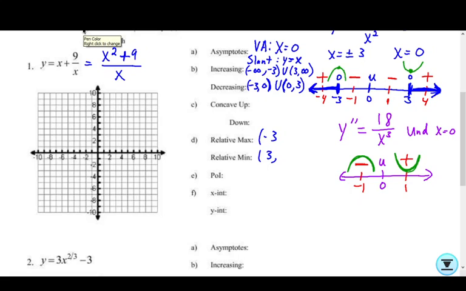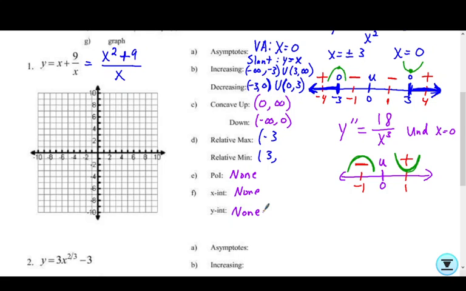My concavity is up from 0 to infinity because it's positive there, and down from negative infinity to 0. Since this is my only point, I have no point of inflection. Going back to my x-intercepts, since the numerator is never 0, I have no x-intercepts. And since the asymptote is on the y-axis, I have no y-intercepts.